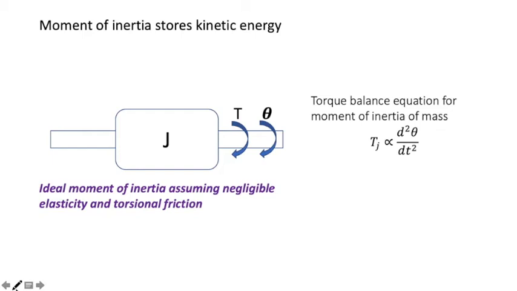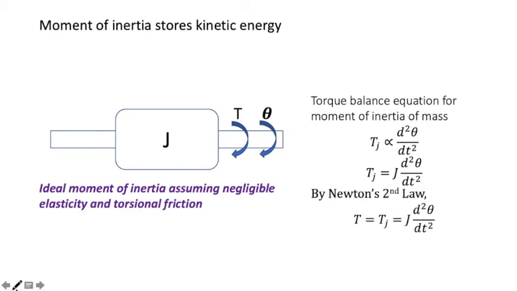So removing the proportionality, we can represent it as Tj is equal to J into d square theta by dt square, where J is the moment of inertia of mass. By Newton's second law, we can equate the applied torque with the opposing torque. So applied torque T is equal to opposing torque Tj, which is equal to J into d square theta by dt square.